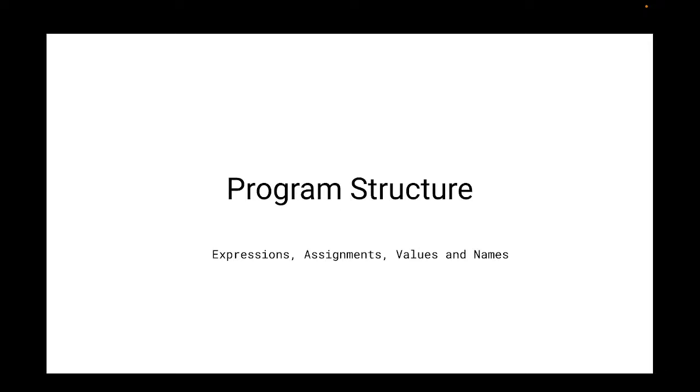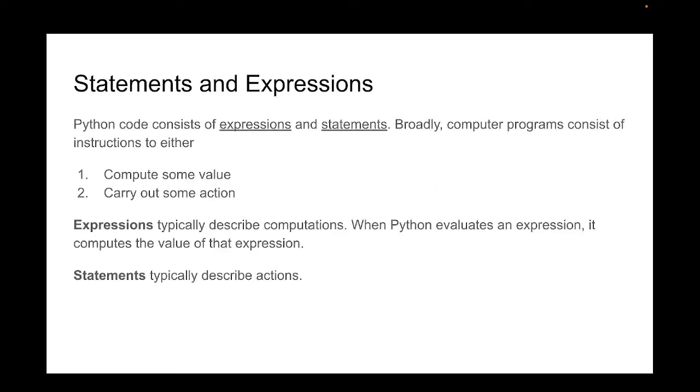So most lines in Python are made of expressions, assignments, values, and names. Expressions and statements usually compute a value or carry out an action. For example, making a variable is an assignment statement.